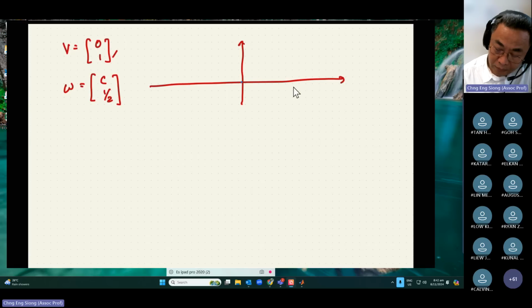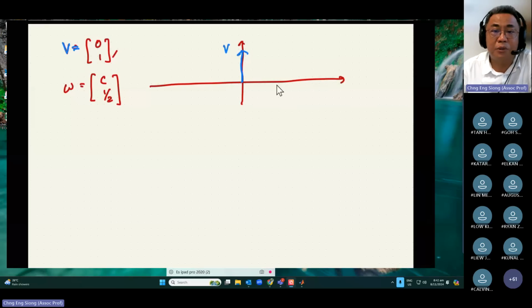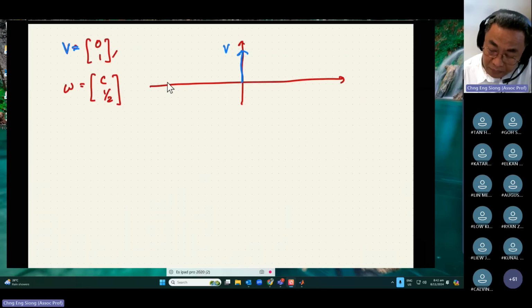So 0, 1 is here. So sorry, this is V. V is the blue guy sticking up, 0, 1. And C is along the horizontal axis. Let's assume it's positive first because actually it can be negative as well. And it is half.